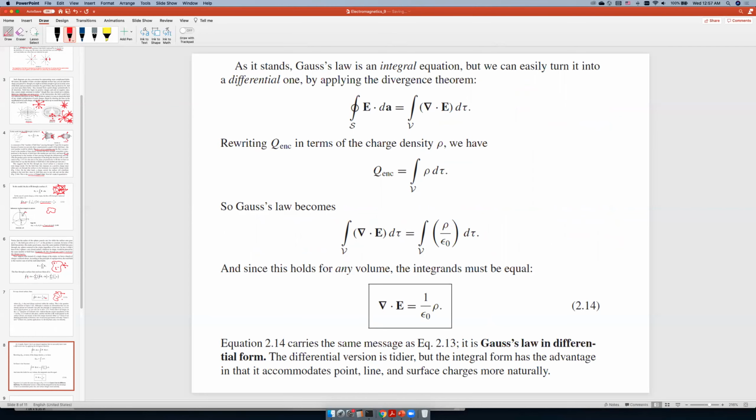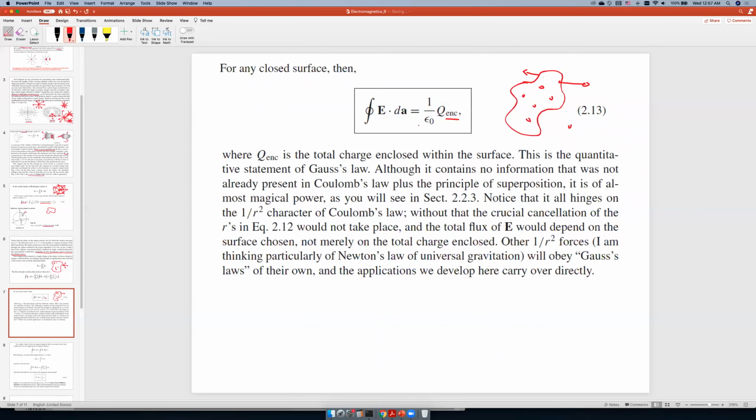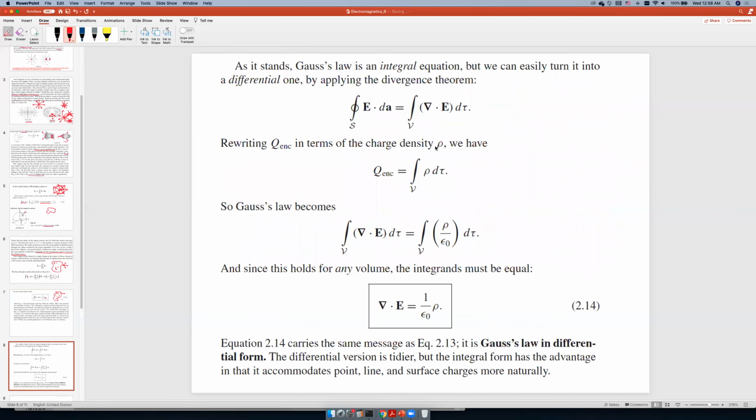And this is the integral equation for Gauss law. So this is the Gauss law. And now let's see another format, which is the differential equation of Gauss law. So we know a surface integral could be written into a volume integral in this way.